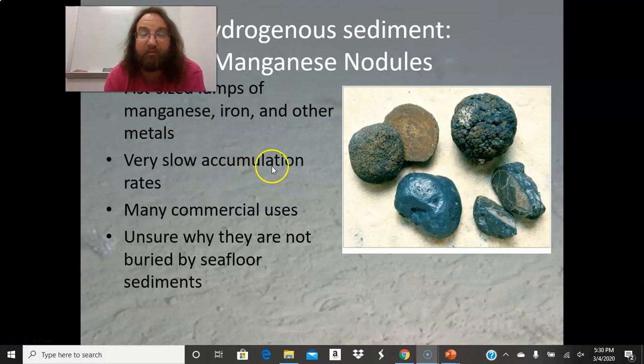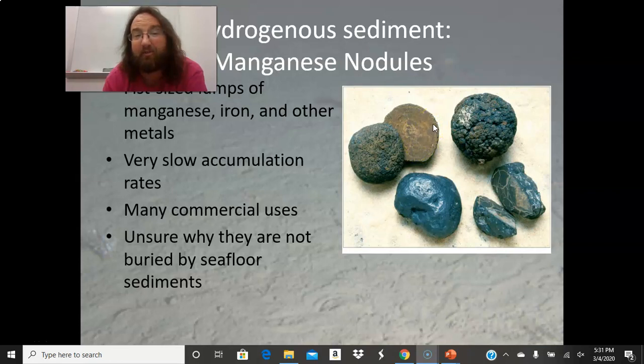Perhaps one of the most interesting varieties of chemical sediment is a thing called manganese nodules. On the sea floor, you get some very interesting reactive conditions. You have manganese-rich water in certain places, and over a very slow period of time, these are some of the slowest growing things on the sea floor anywhere. Weirdly enough, they have a way of keeping near the surface.